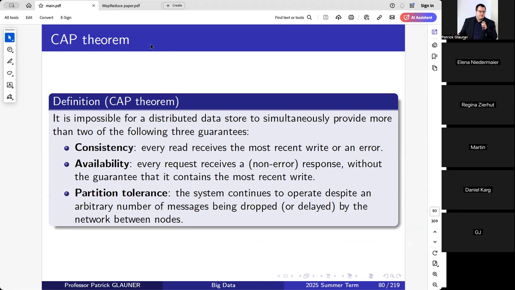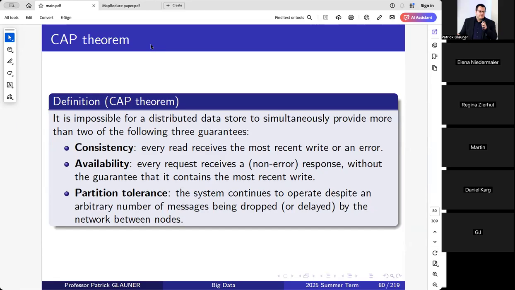Now I want to discuss something that is called the CAP theorem. When it comes to a distributed system, let's think about a very large social network, for example. It's just impossible to have one node that can process all the requests from the users, because the node would just be too slow.